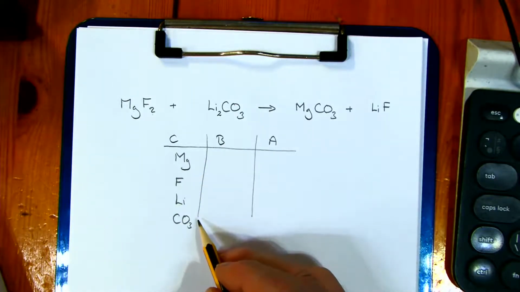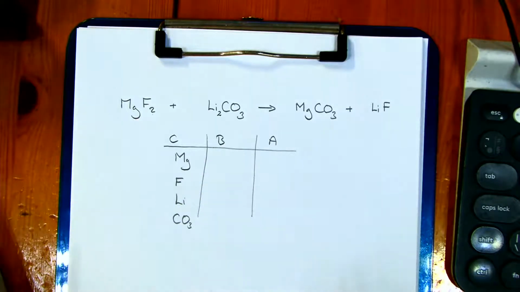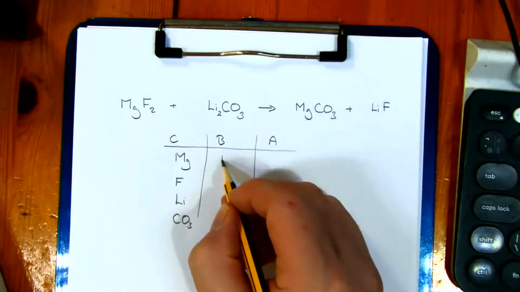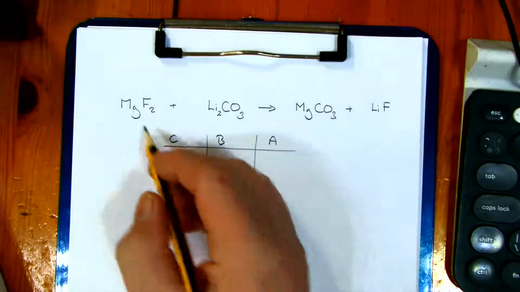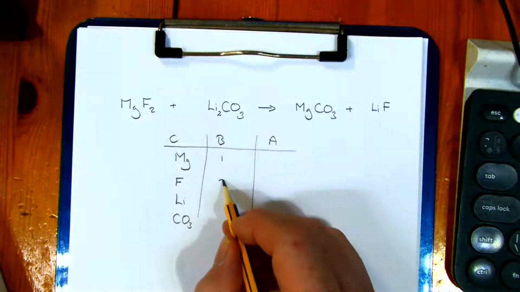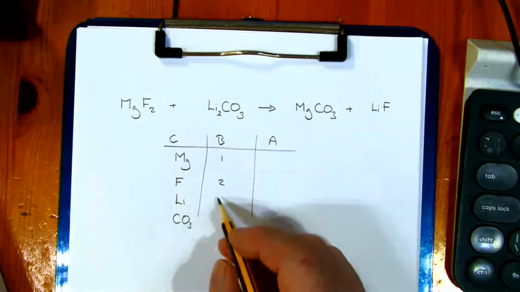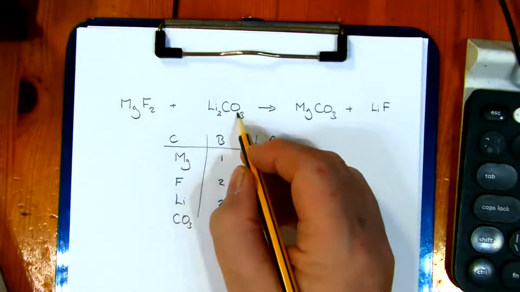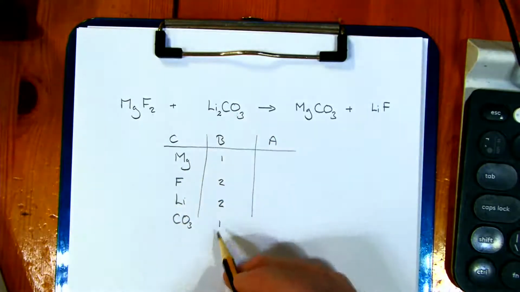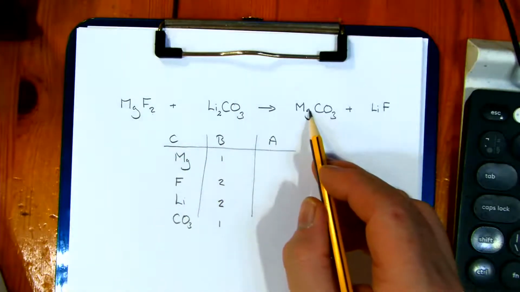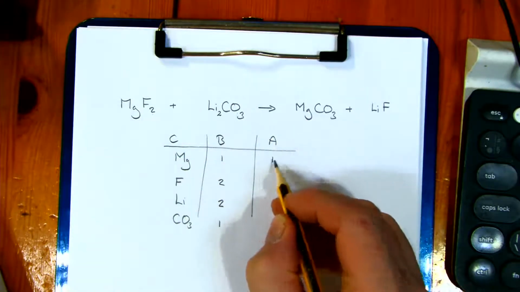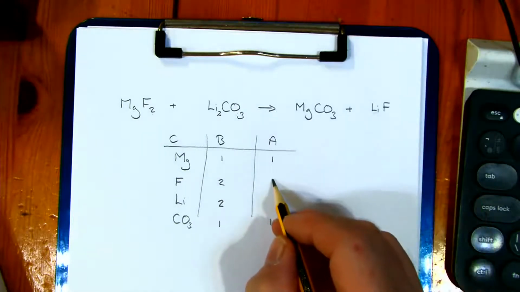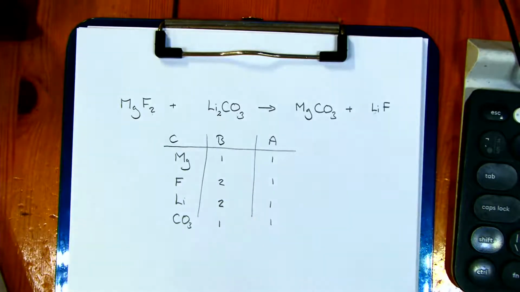Typically when I do this, I rarely make my lines long enough. Before, we've got 1 atom of magnesium, 2 of fluorine, 2 of lithium, and just 1 of the carbonate. And after, magnesium we've got 1, carbonate 1, lithium and fluorine 1.